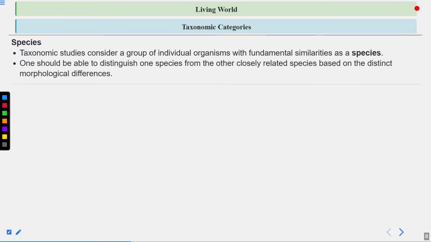It is the lowest most taxon. Now one should be able to distinguish one species from other closely related species based on distinct morphological differences. How can you differentiate between a member of one species and another closely related species? By looking at the morphological differences, meaning external features.